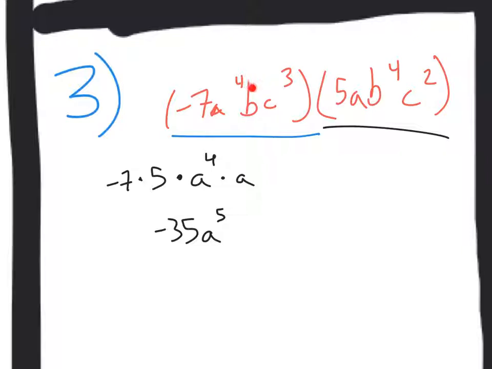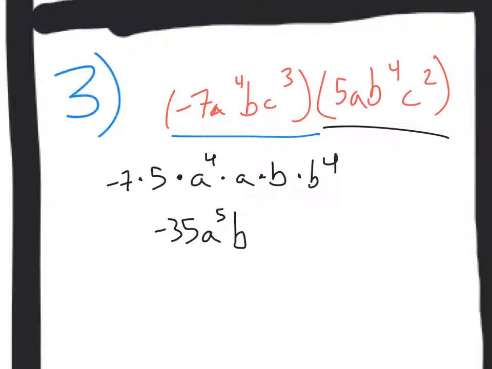Okay, now let's move right along to the b's. Here we've just got 1b, so times 1b. And then over here we've got b to the 4th power, so that would be times b to the 4th power. Alright, if we want to simplify that, we want to write this in compacted version. Right now it's expanded a little bit. We can compact it even further.